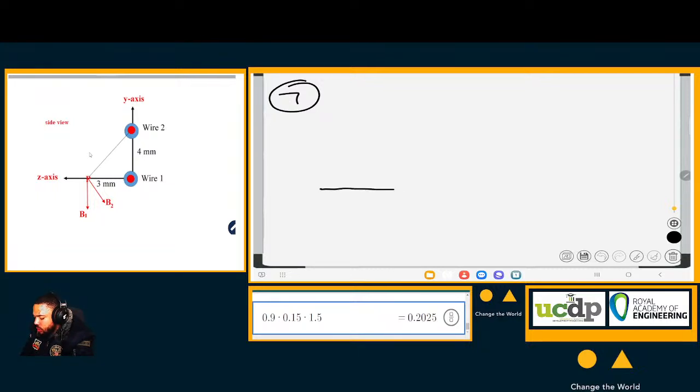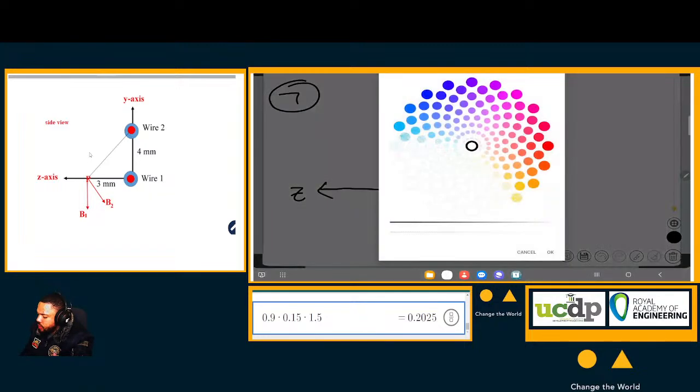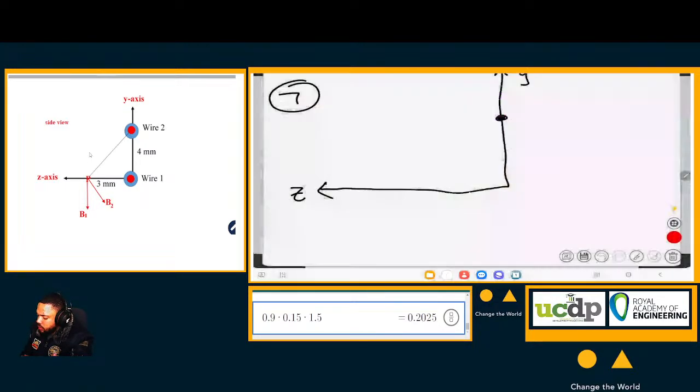Okay, so this is very easy to work out. Let's just draw the situation there. This is the y-axis. This is the z-axis. And here we have the first magnetic field, and it'll create a huge circular magnetic field.